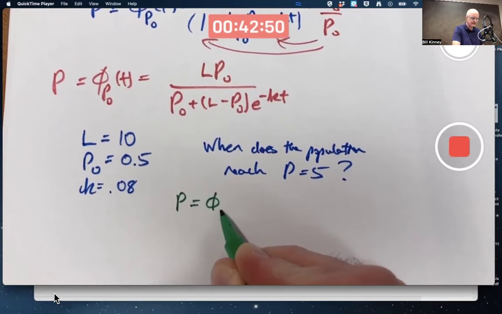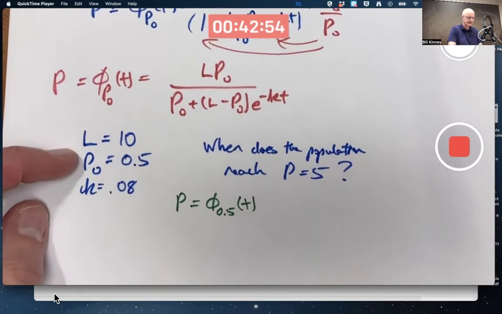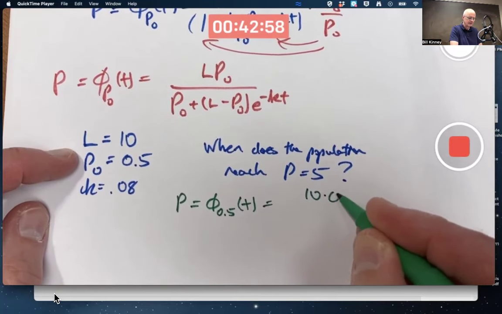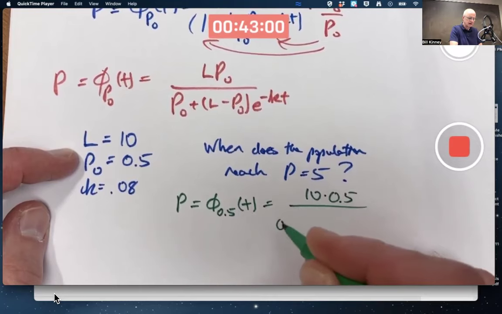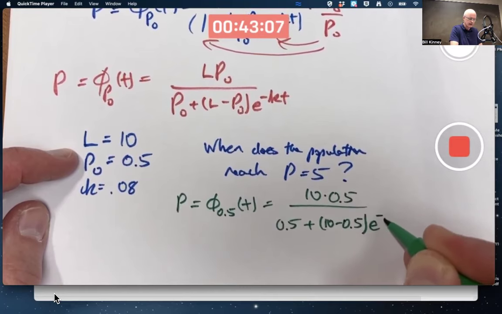P equals phi sub 0.5 of t. It's the 0.5 because that's what P naught is. L is 10, P naught 0.5. Plug all these numbers in and simplify.